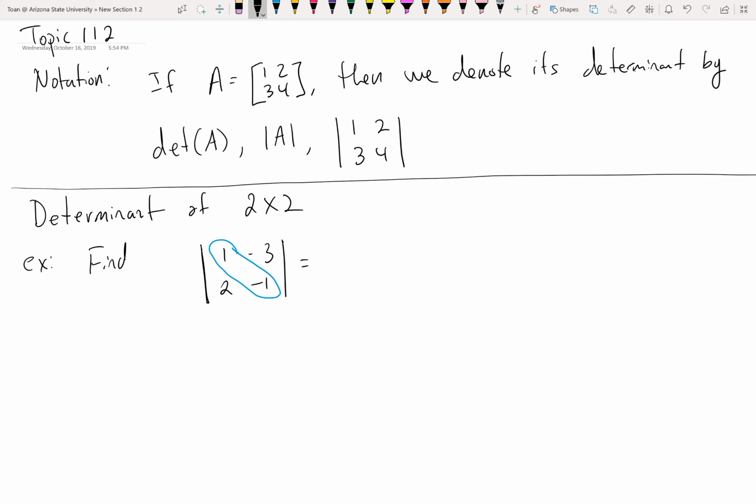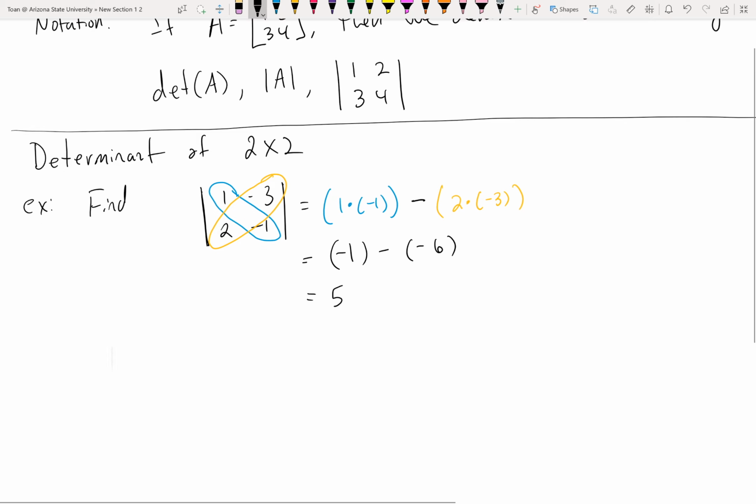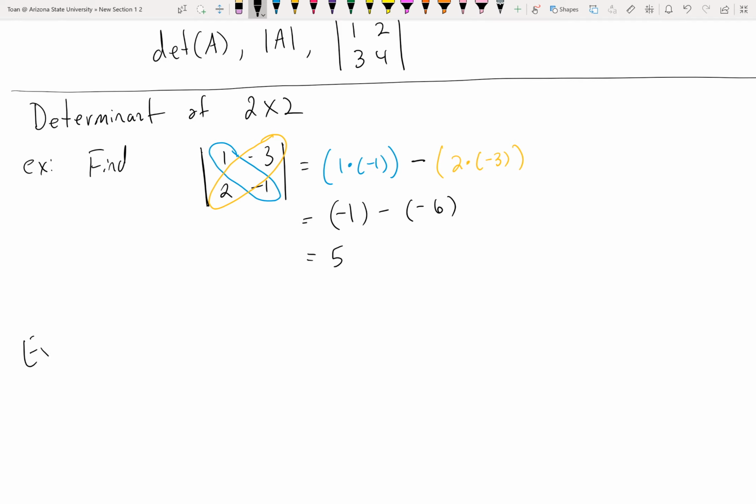So this equals 1 times -1. And then you're always going to subtract the other diagonal, 2 times -3. And then the rest is just doing math. 1 times -1 is -1, minus 2 times -3 is -6, and then -1 minus -6 is 5. Easy peasy.